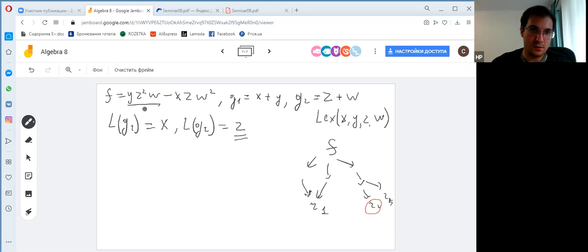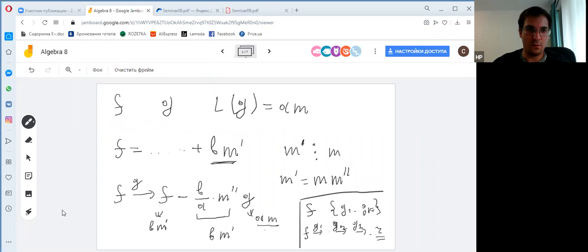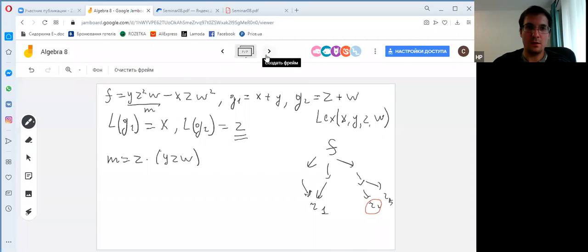Then I say that this is M, and M is equal to Z, this one, multiplied by, of course, Y, Z, W. By this formula, I say that f prime equals f minus YZW multiplied by G2.